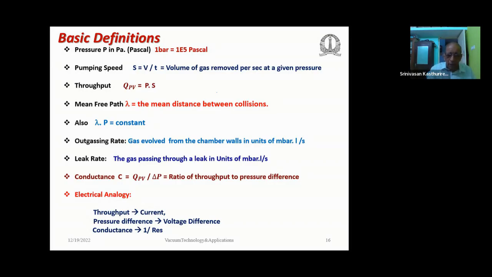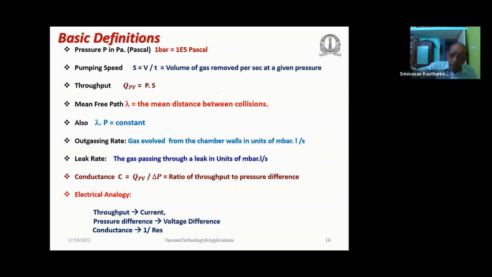Now we can do it the other way. We can write resistance is equal to the voltage, the potential difference, divided by the current. What about the conductance? Conductance will be exactly the opposite, the opposite of resistance, just upside down.